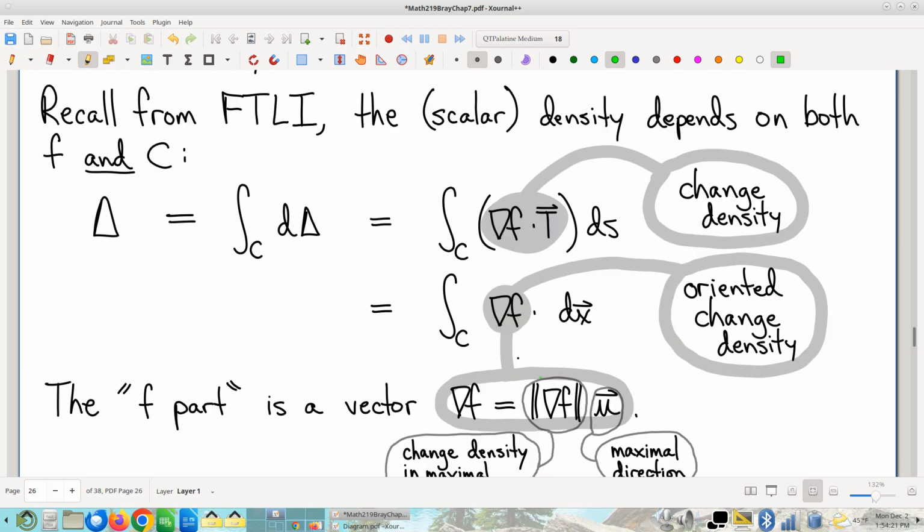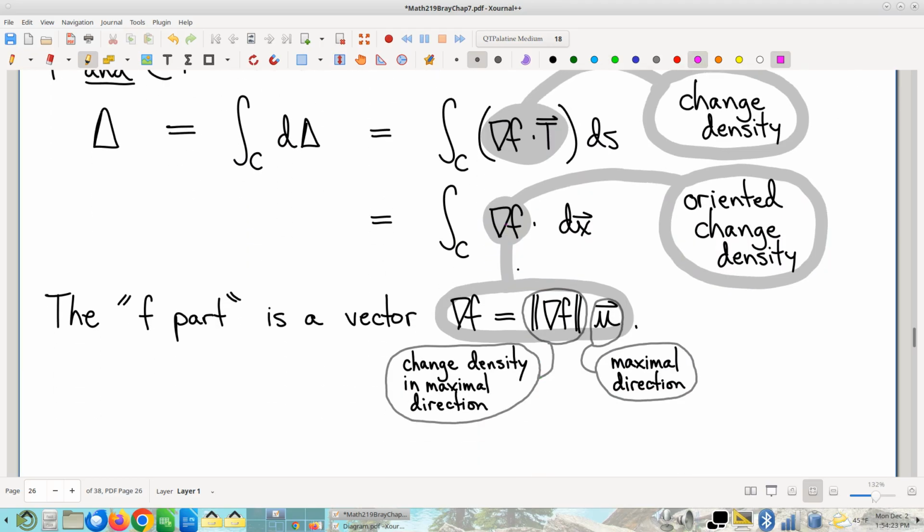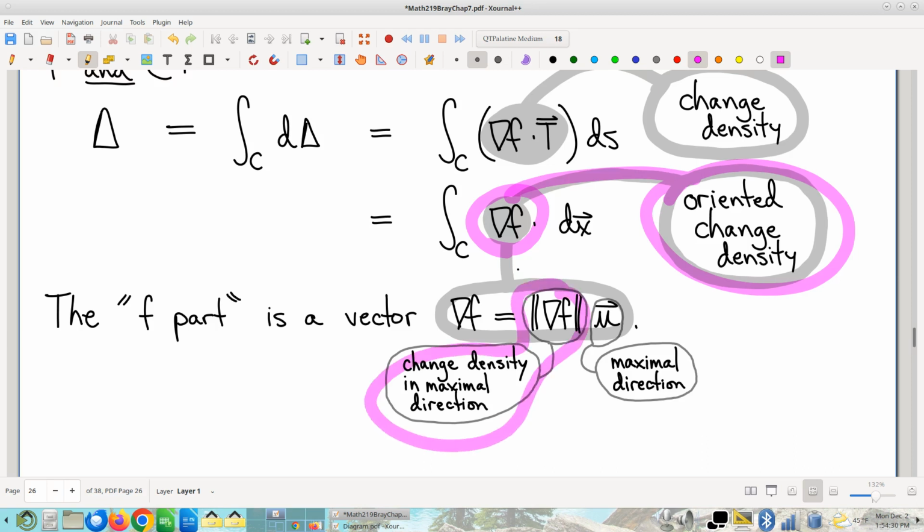And by the way, neat punchline is that oriented density has actually a couple of different interpretations. The magnitude is telling you about the stuff in a pretty natural sense. It's telling you how steep the mountain is, right? But keep in mind, if you're on the side of the mountain, right, the mountain's going uphill that way, that steepness is in a certain direction.